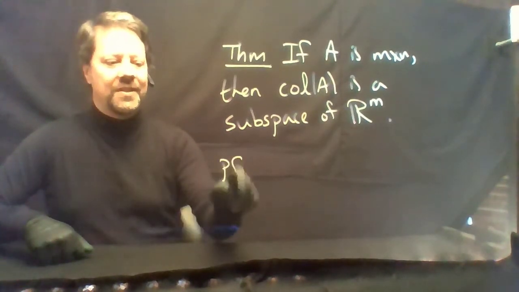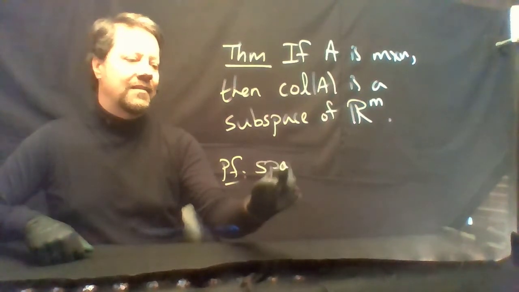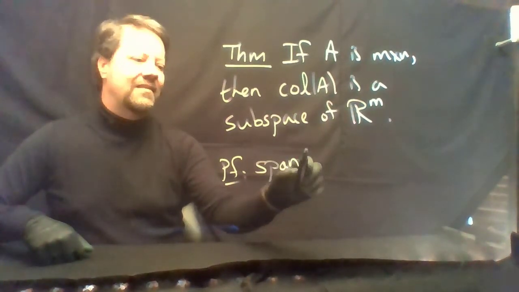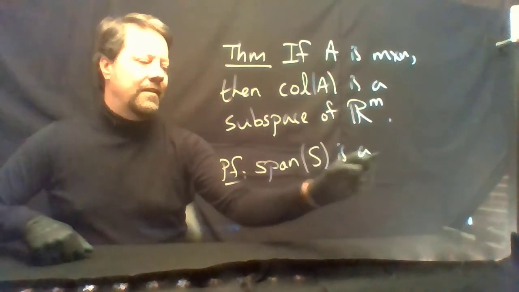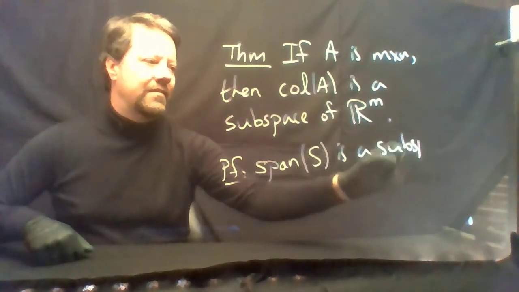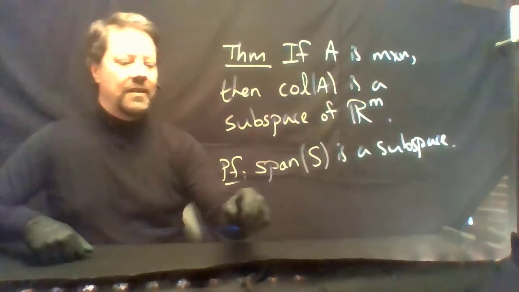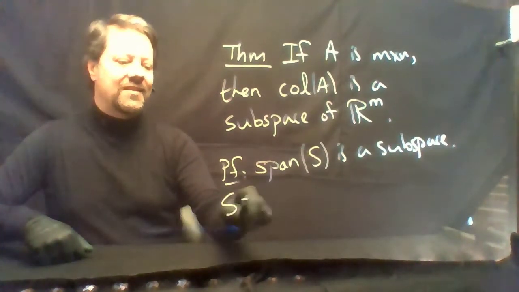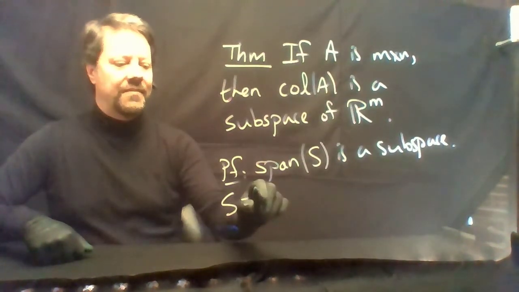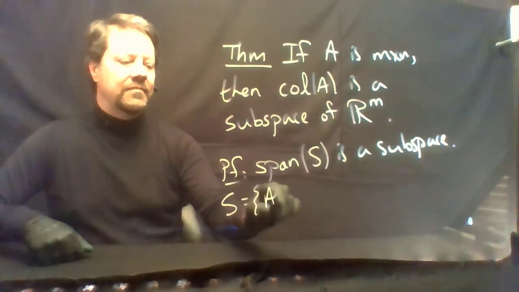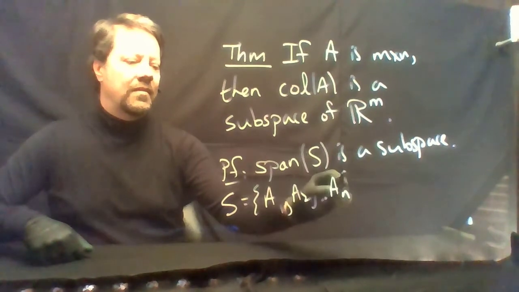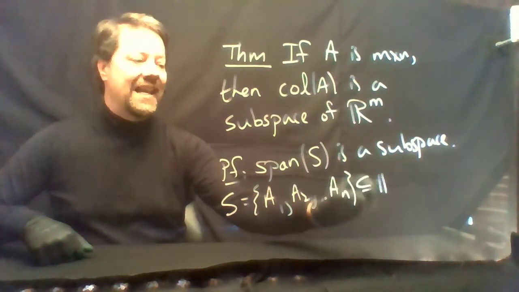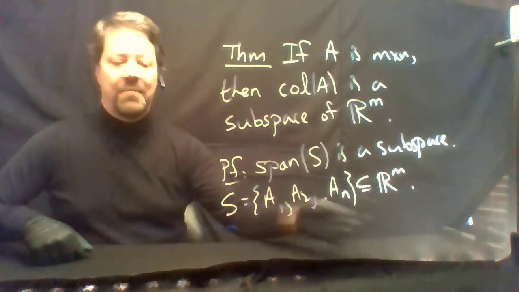And the proof, of course, is that the span of some set is a subspace. In this case, the set S is the set of columns of A, and those are contained in Rm.